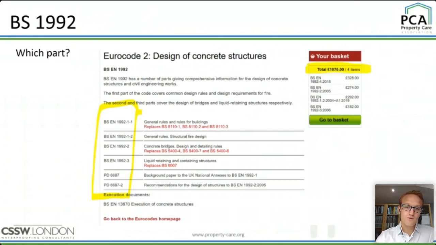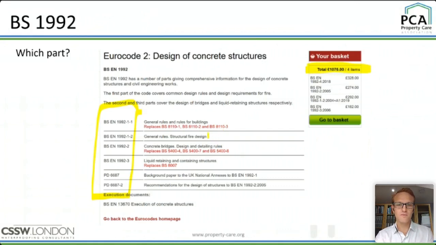So you've got general rules for building. That's part 1. So if you're 2 stories up, you're still wanting to comply with your general rules for building. It's structural. You don't want the building to fall over. That's the stuff going on there. Fire design, I think, is self-explanatory, but not particularly relevant for basements in terms of how you're achieving watertight concrete.